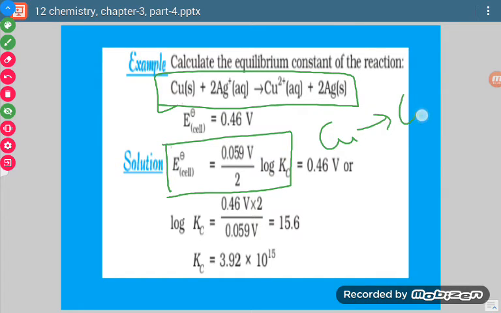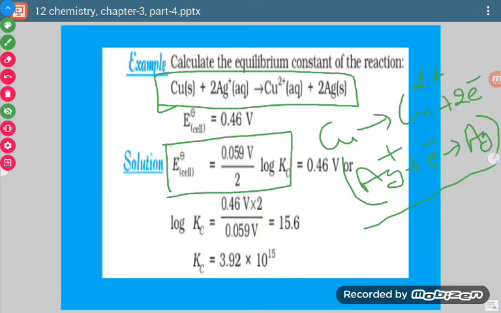Copper gives copper 2 positive plus 2 electrons, and silver Ag positive plus electron gives silver. Okay, now when we have to cancel the electrons, we have to multiply this equation with 2. So 2 electrons and 2 electrons will cancel and we will get the desired equation, this one.